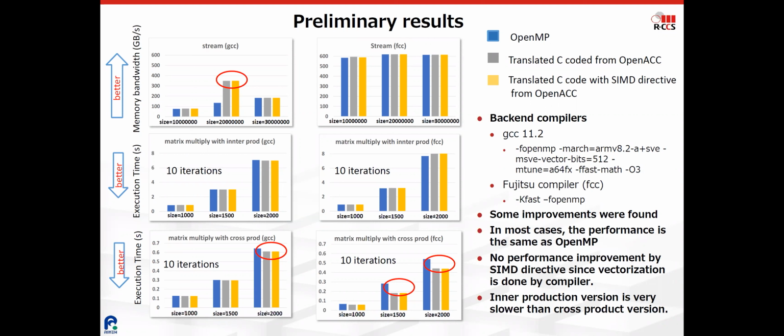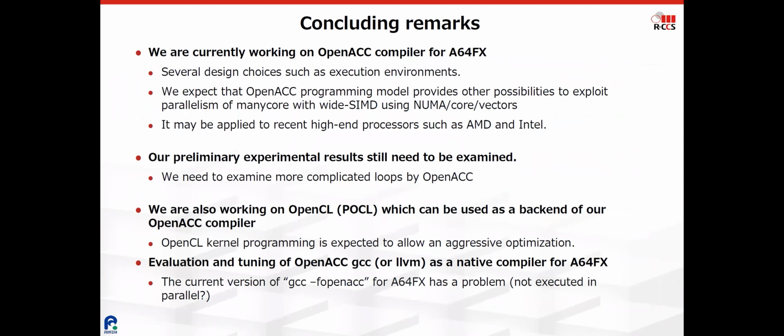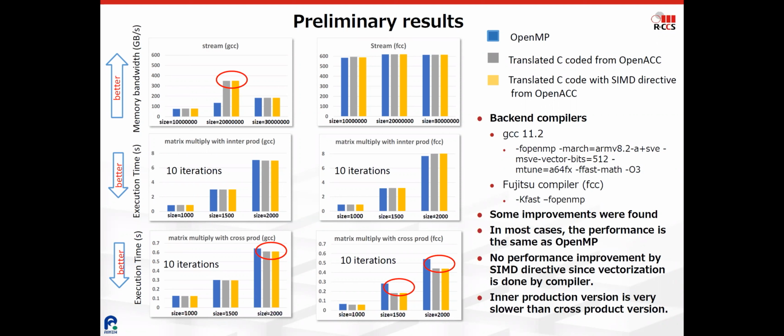But as you can see, in some cases the translation from OpenACC may increase the performance like this. And this is the result of LLVM. As you can see in the previous slide, some improvements were found in the Fujitsu compiler, like here and here.